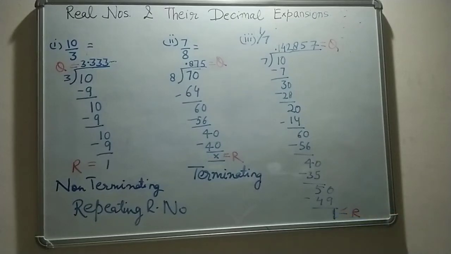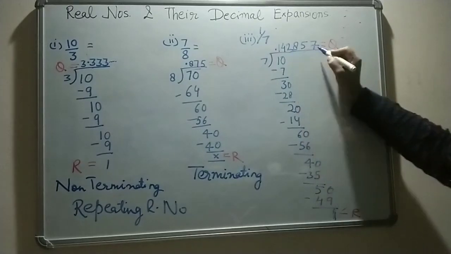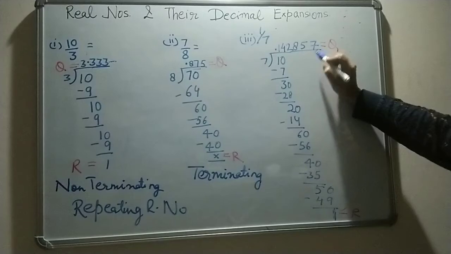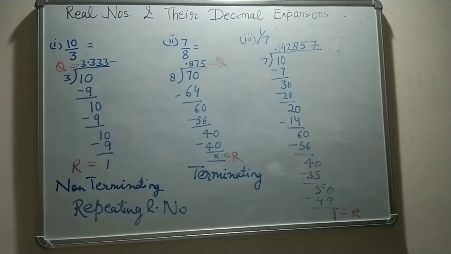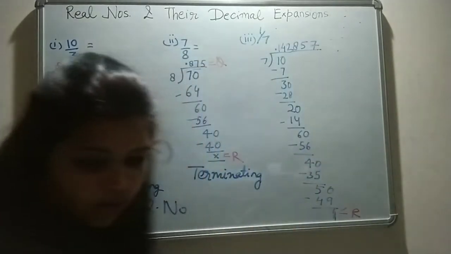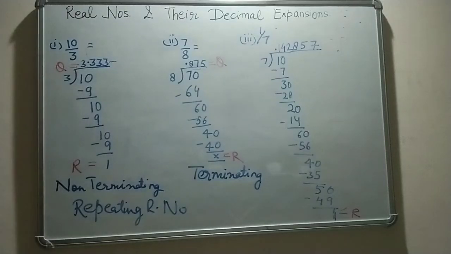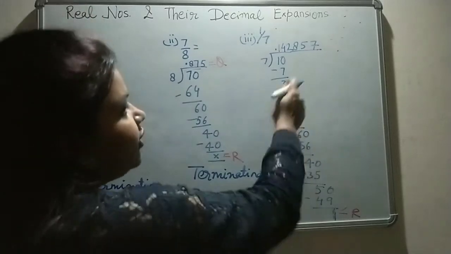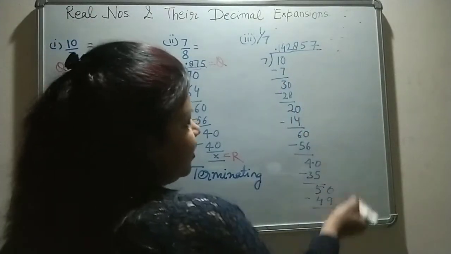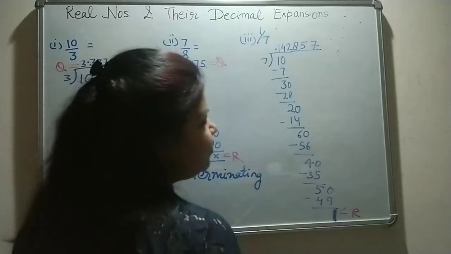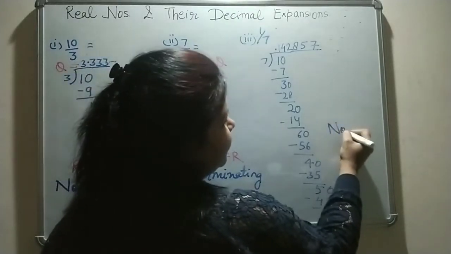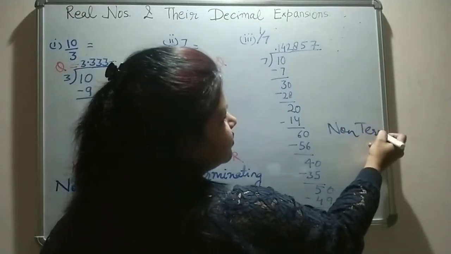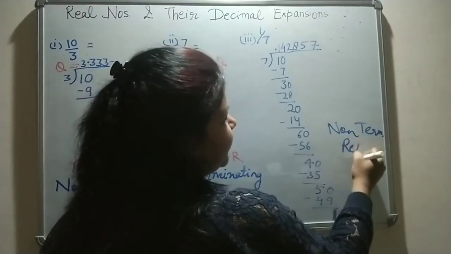Now 1 has come again, so the whole process repeats itself. This is also an example of non-terminating as well as repeating decimals, because here the remainder came out to be 1.